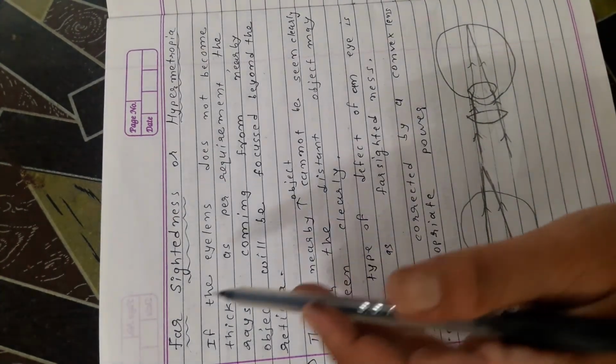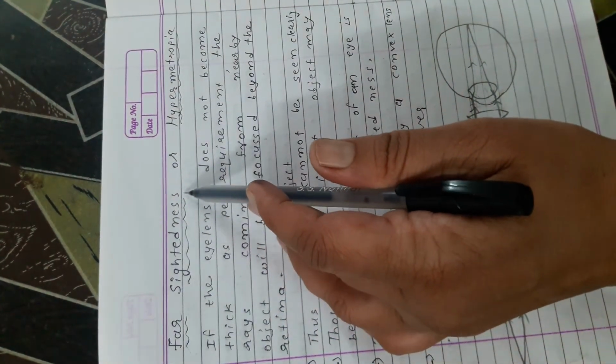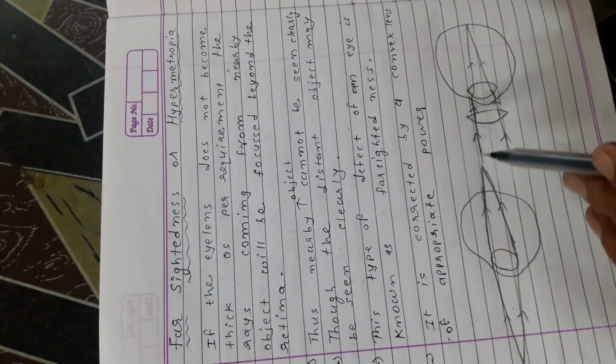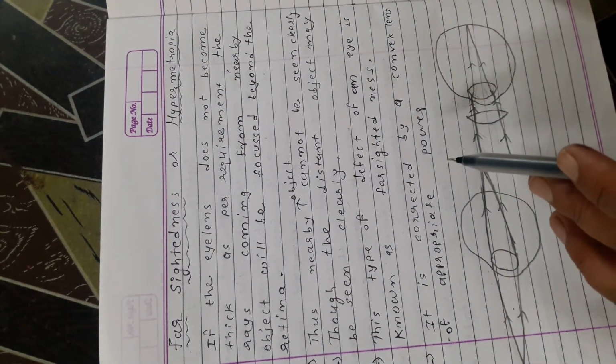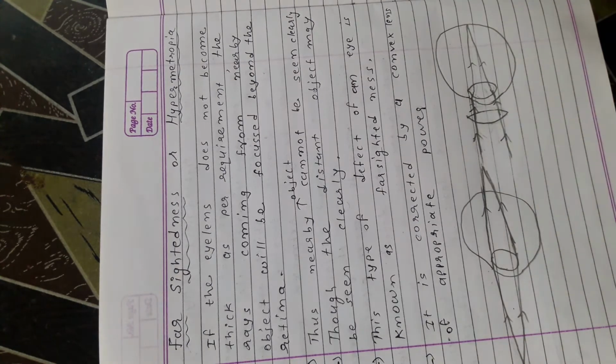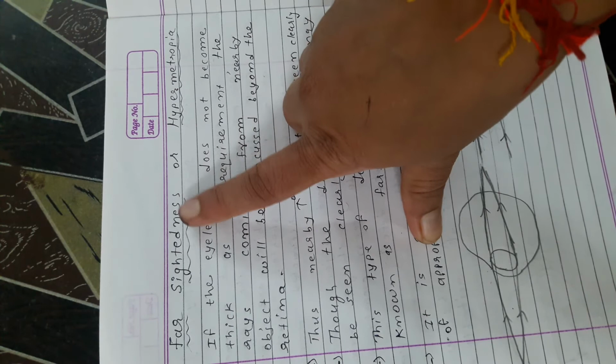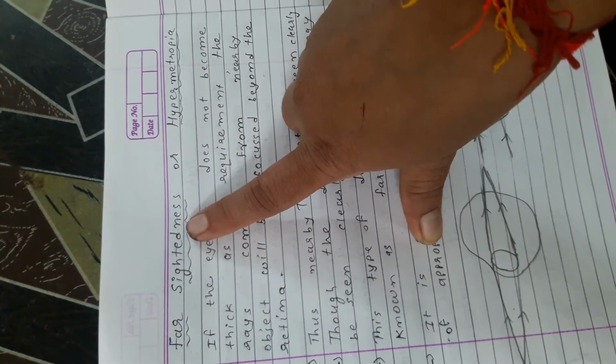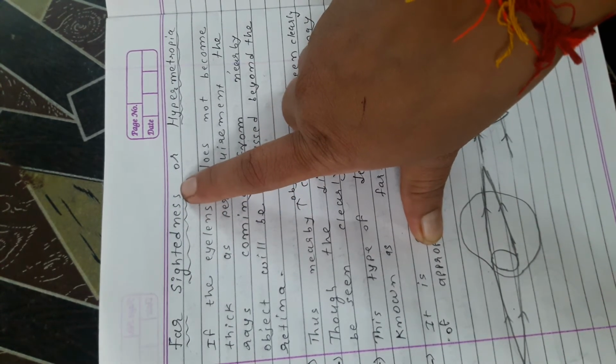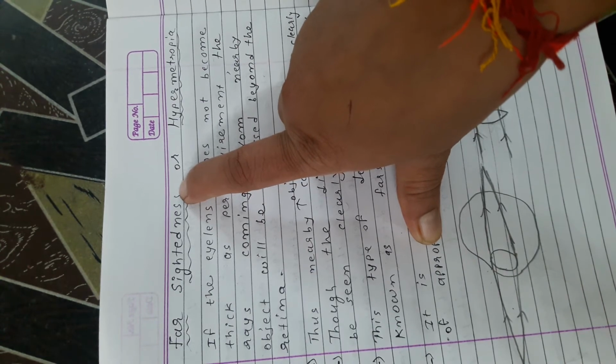This defect is mostly seen in an old person. Means the old person can see the far object clearly but cannot see the nearby object.